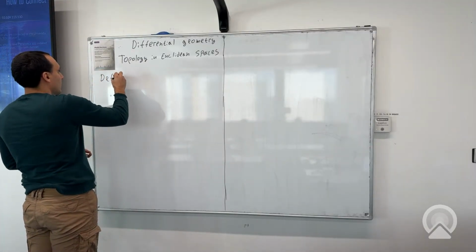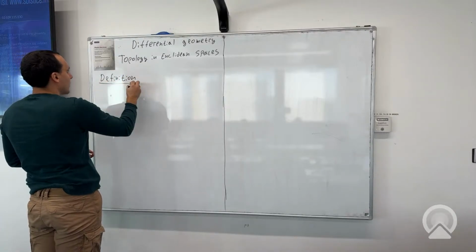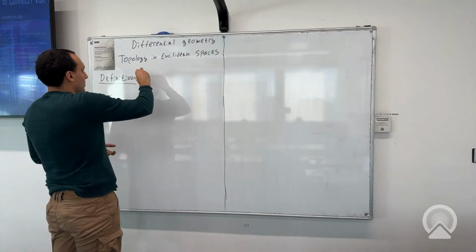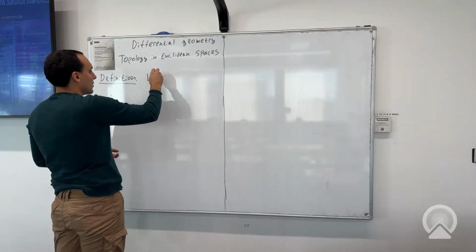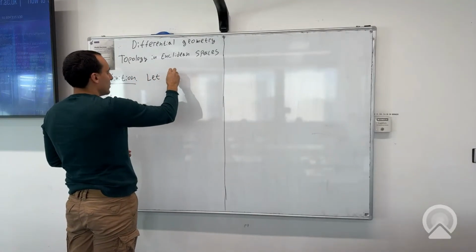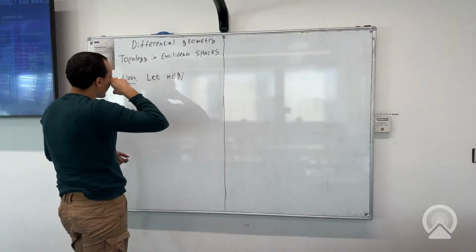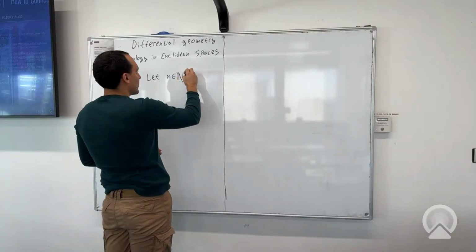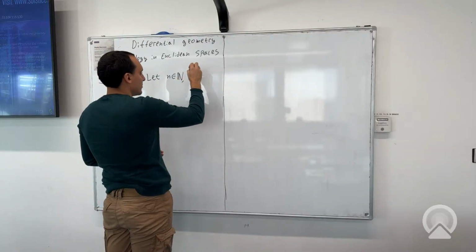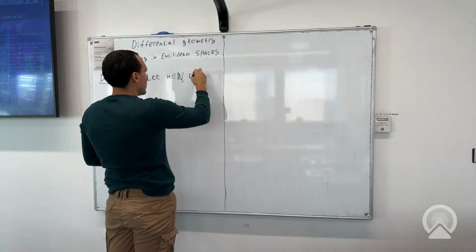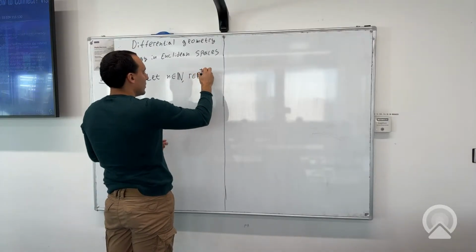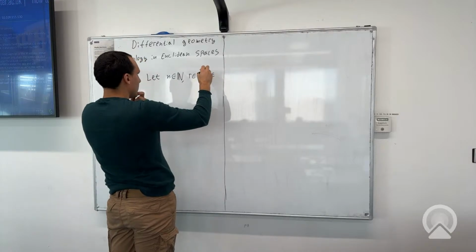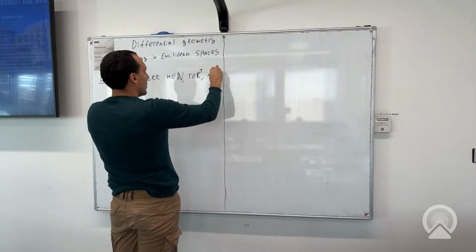So let n be an integer, even 0 works, but it's a strange case. Let r be a positive number, so r in R plus, and x is some point in Rn.